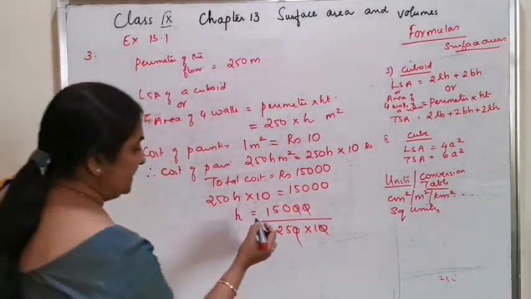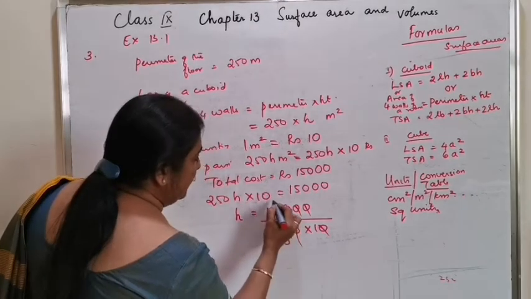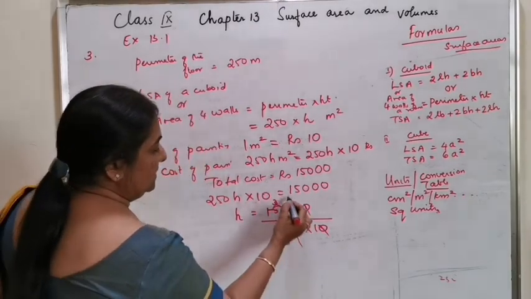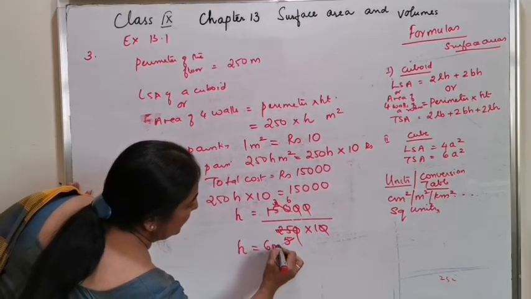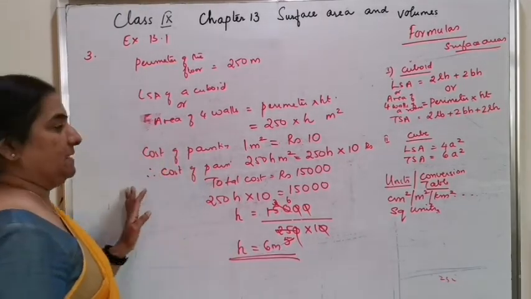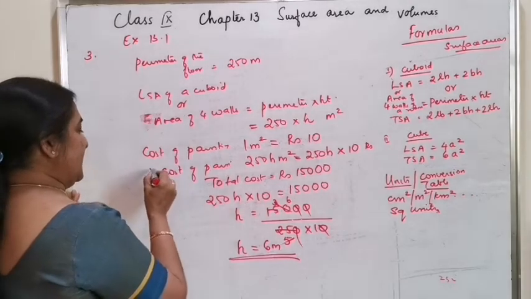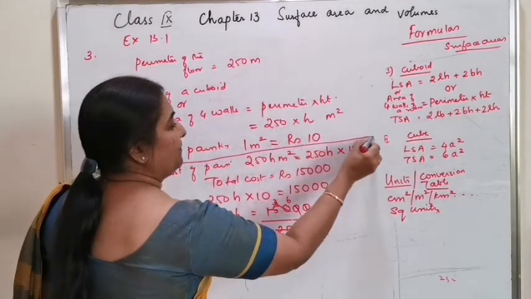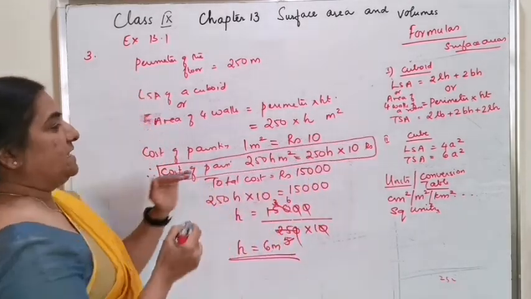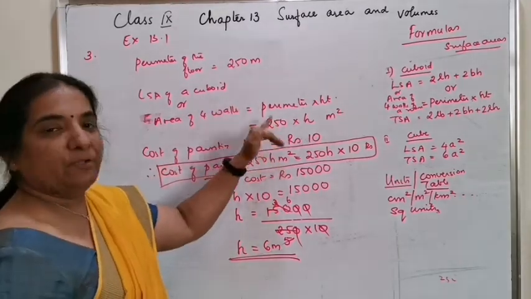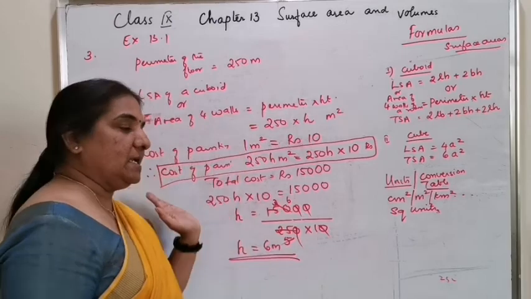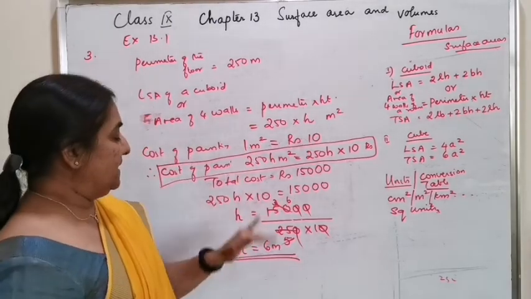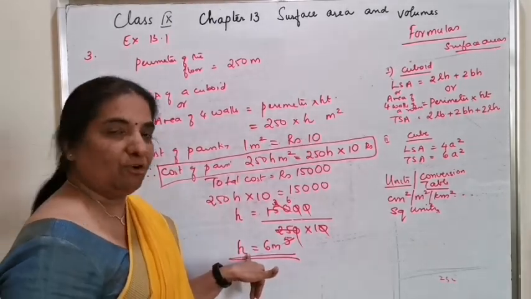You can see here with the table of 5, 5 3s are, or 30 into 5 is equal to 6, so the height of the room is 6 meter. This concept, please understand: you just found the area of the 4 walls, you found the cost, and the total cost is given to you. Just equate so that you will get the missing dimension of height.